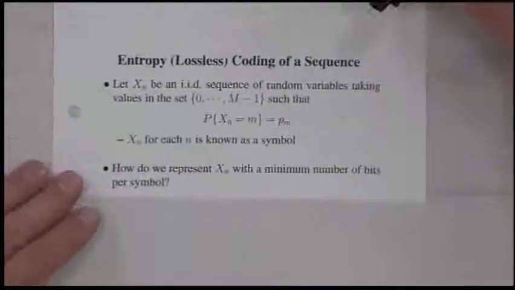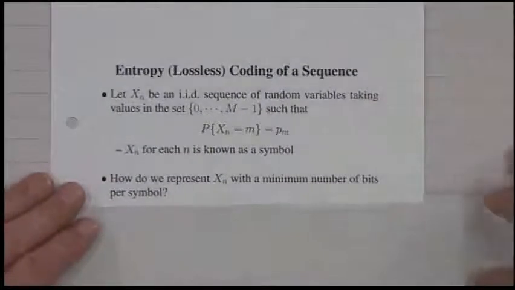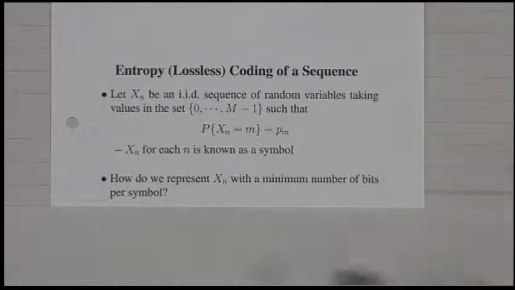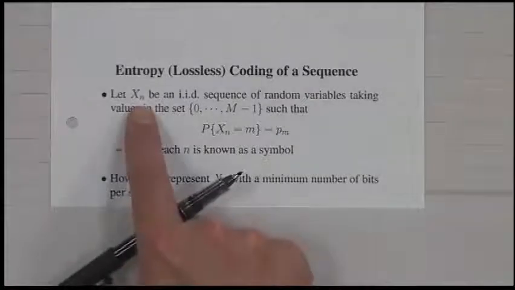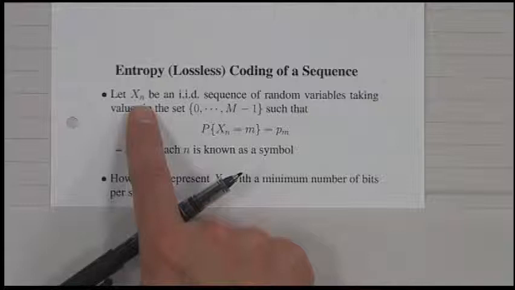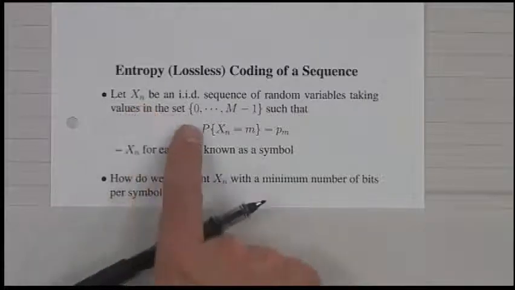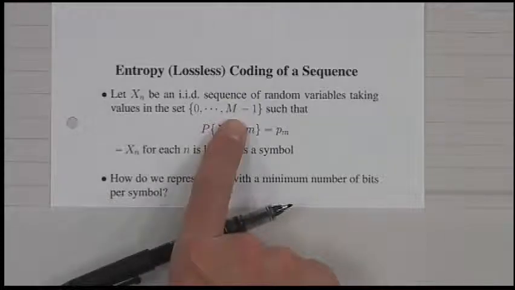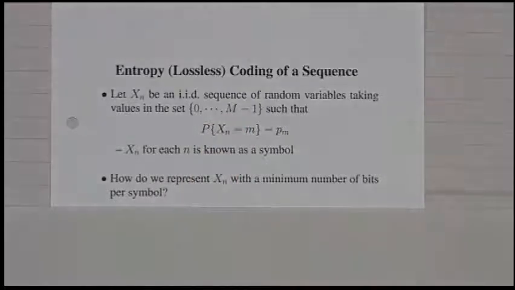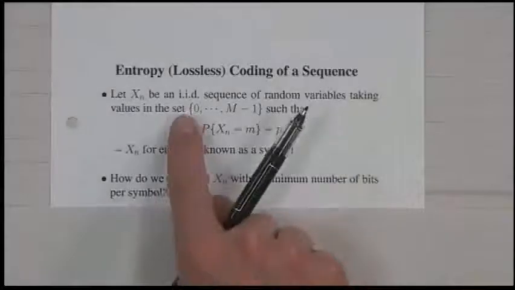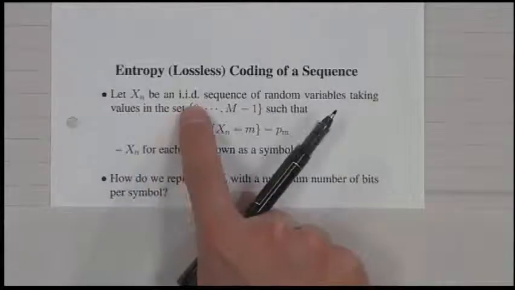Okay. So now we're going to talk about lossless coding of a sequence. Let's say we have a sequence of random variables xn. The random variables are discrete, and they take on values between 0 and n minus 1 with probability 1. And the random variables are independent and identically distributed.